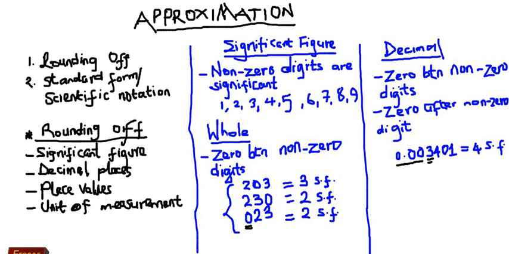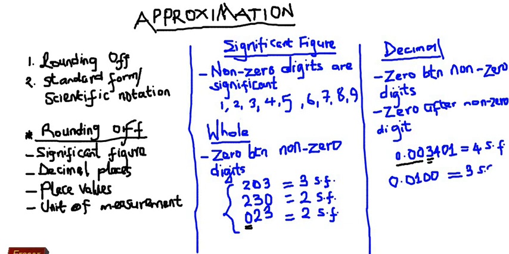If we write, for example, 0.0100, this one has 3 significant figures.